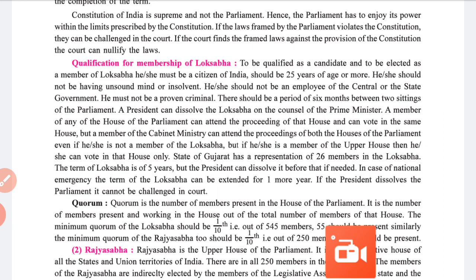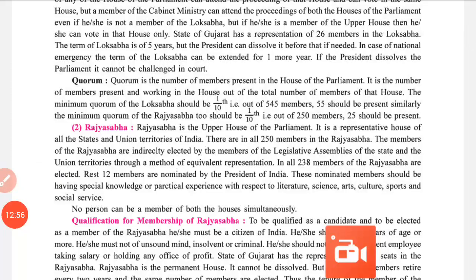In case of national emergency, the term of Lok Sabha can be extended for 1 more year. If the President dissolves the Parliament, it cannot be challenged in court.